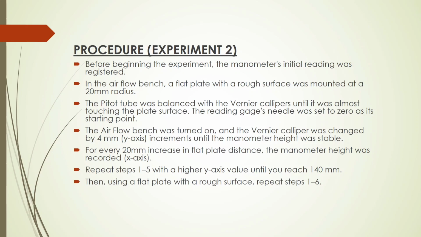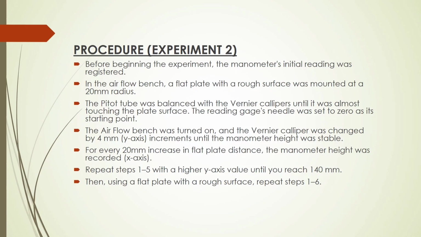The airflow bench was turned on and the vernier caliper was changed by 4 mm increments until the manometer height was stable. For every 20 mm increase in flat plate distance, the manometer height was recorded.